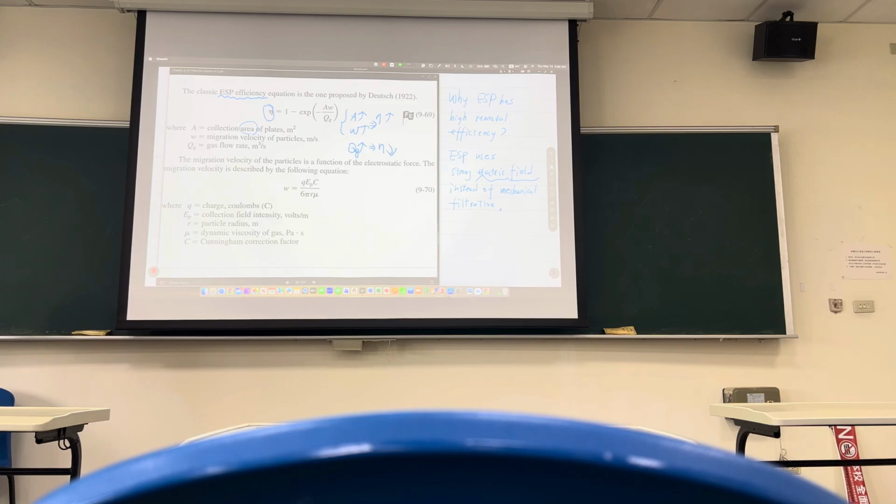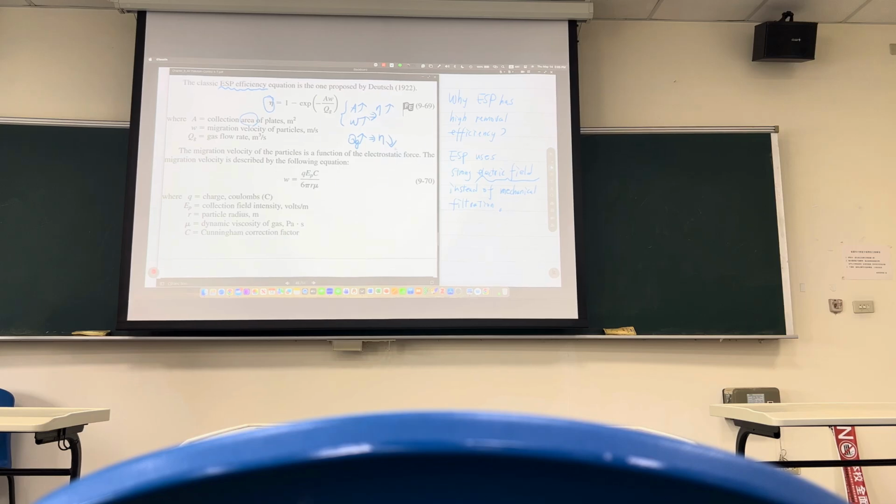Sometimes the question will not give you the migration velocity, so you need to calculate it yourself. This is the formula that we use to calculate migration velocity.